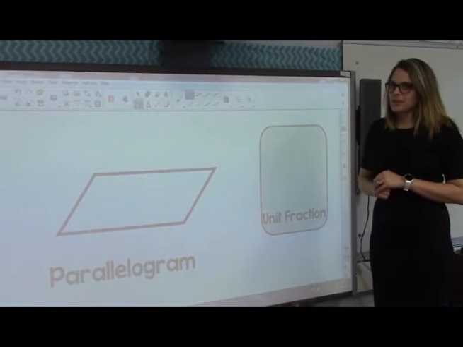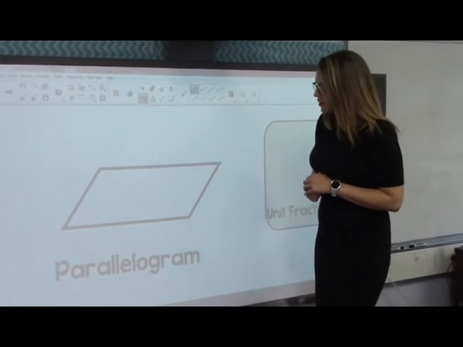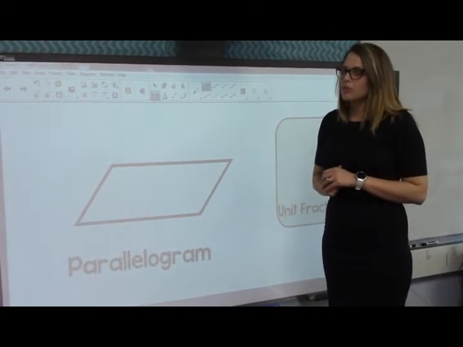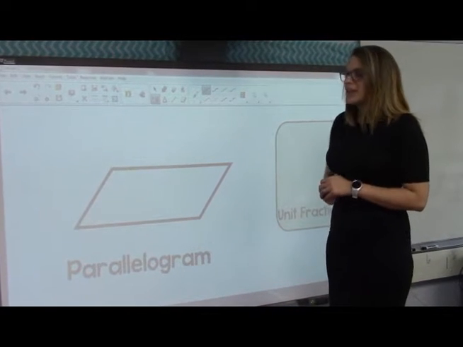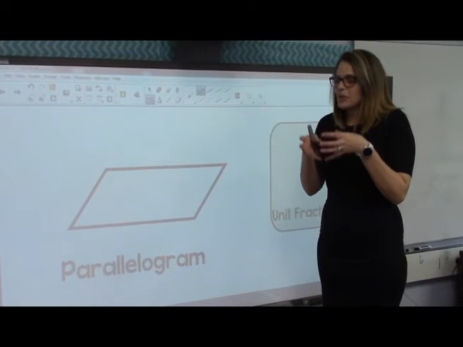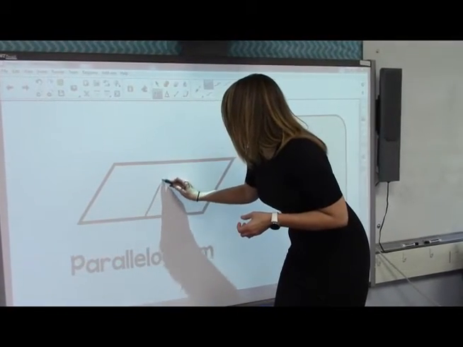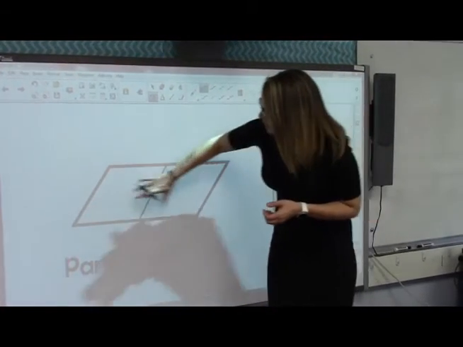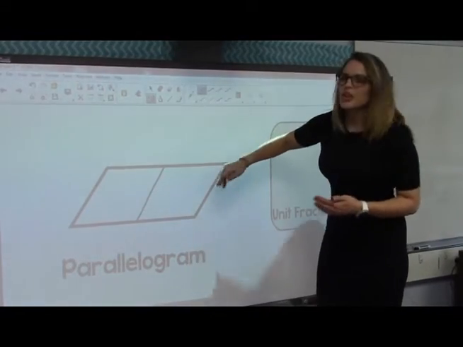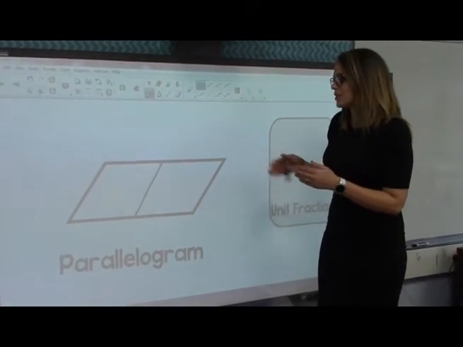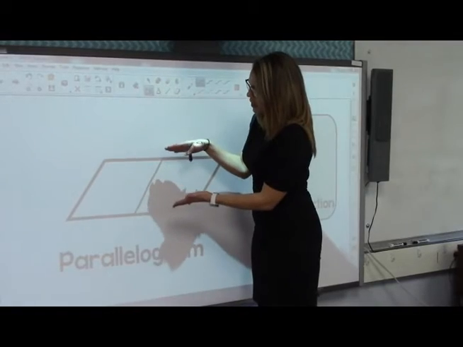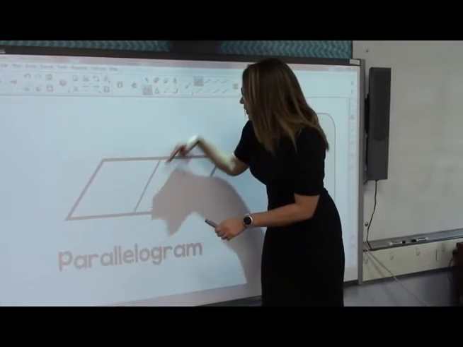The next shape, I put this in there to kind of throw you off. This is a parallelogram. Parallelograms are really hard to partition. Unless you have a physical parallelogram, you will see that it's very hard to cut in half. But if you cut it in half on the angle, you could match it up. So imagine that you have a piece of paper the shape of a parallelogram, and you would just cut it this way.